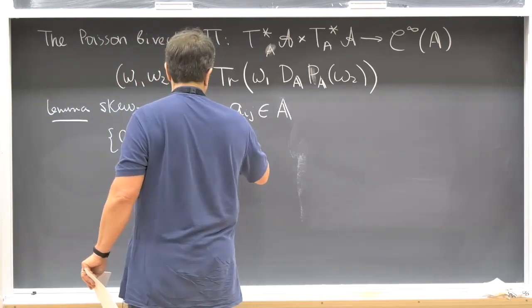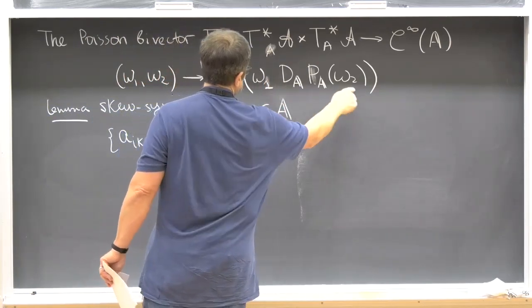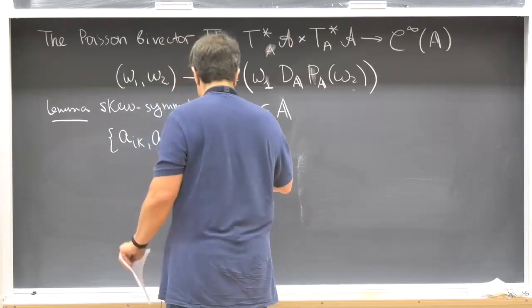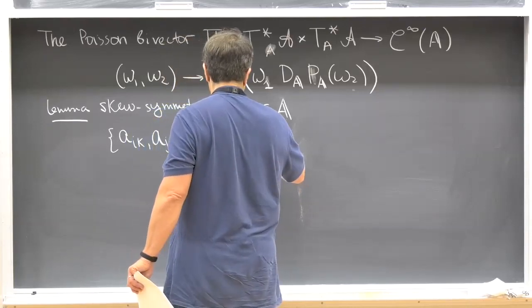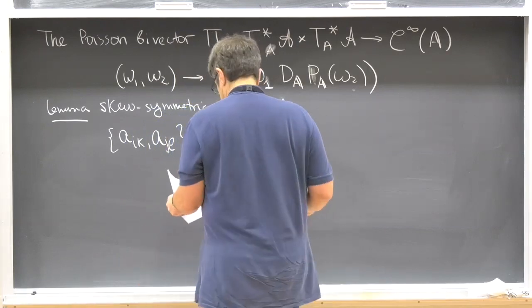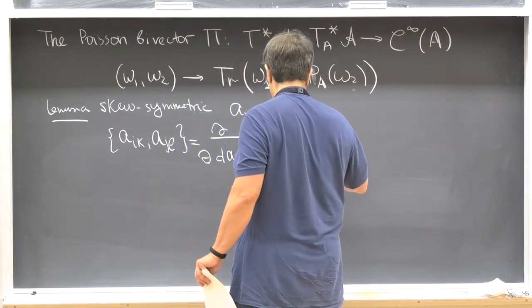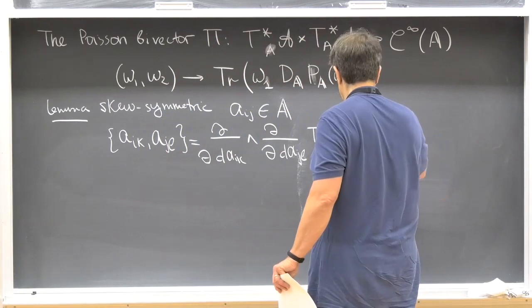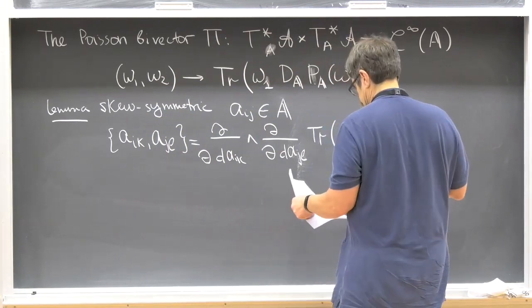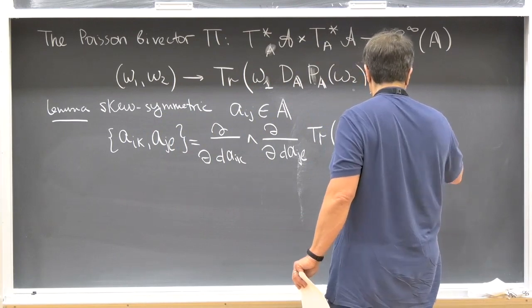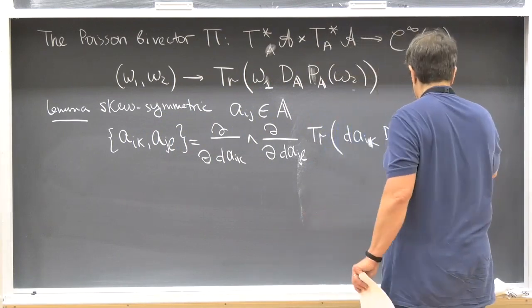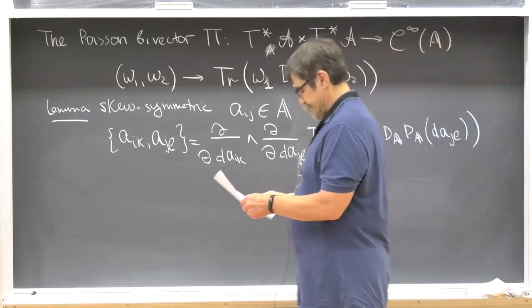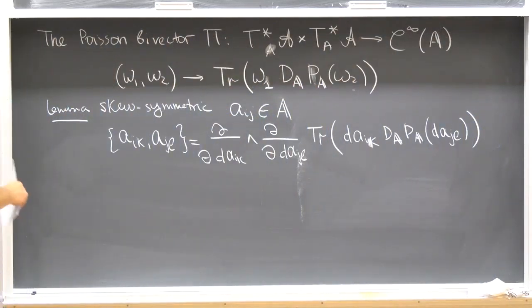We just replace the corresponding omega 1 and omega 2 by the corresponding differentials, dA_ik, d over dA_jl of the corresponding trace.